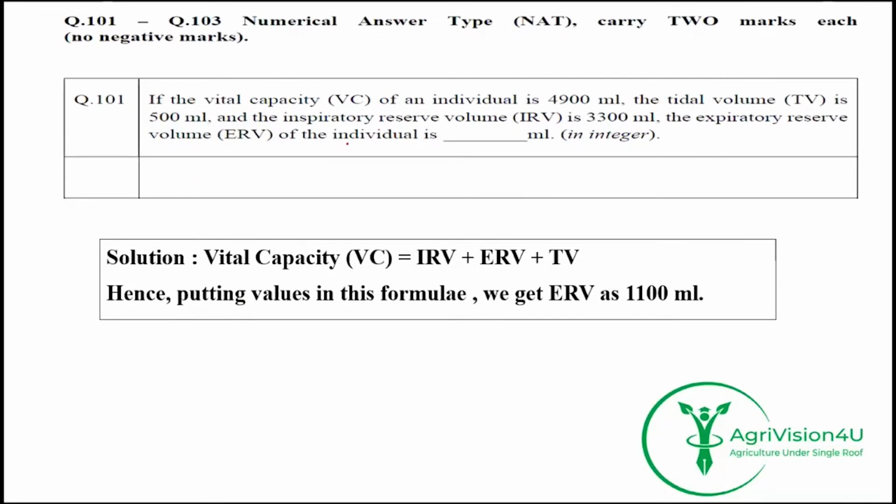These questions are very easy actually. Question number 101. If the vital capacity of an individual is 4900 ml, tidal volume is this, and inspiratory reserve volume is this, the expiratory reserve volume of the individual is.